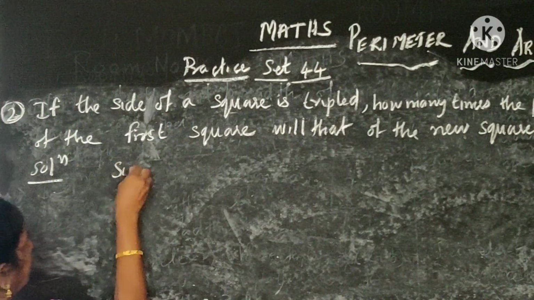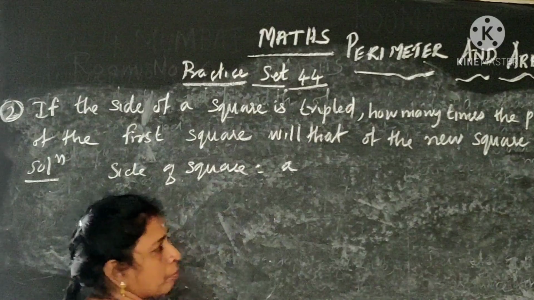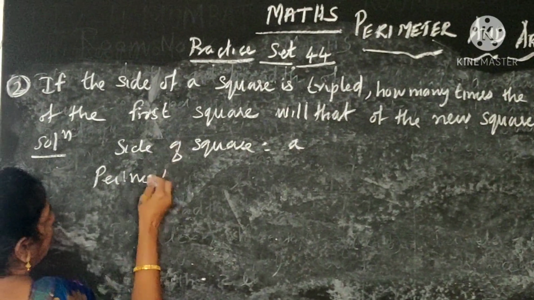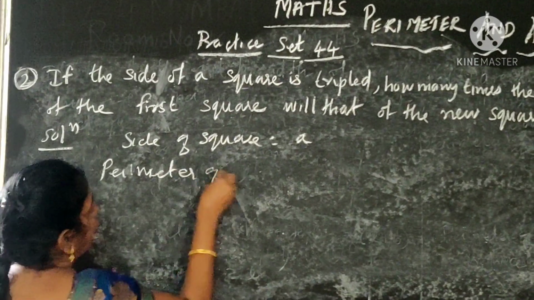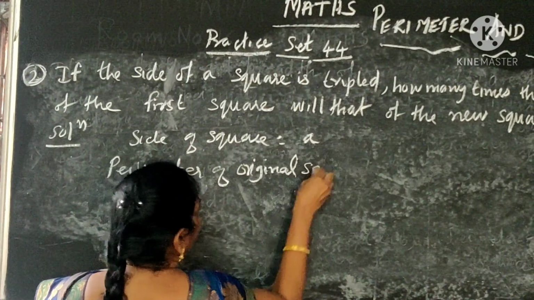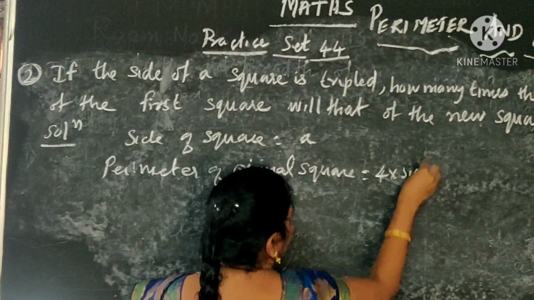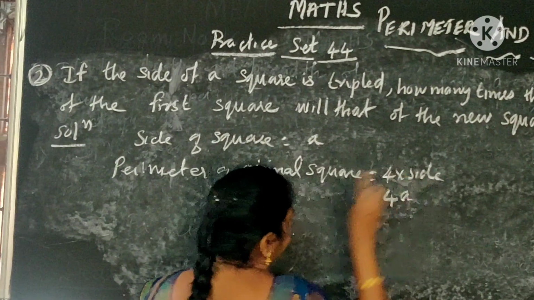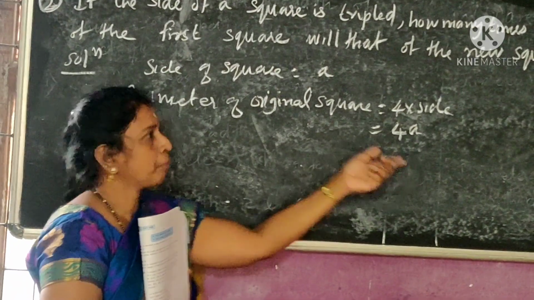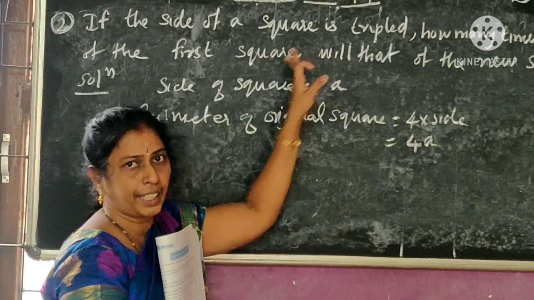So let us take the side of the square to be equal to A. So perimeter of original square is 4 into side, that is 4A. So I got the perimeter of original square is how much? 4A.